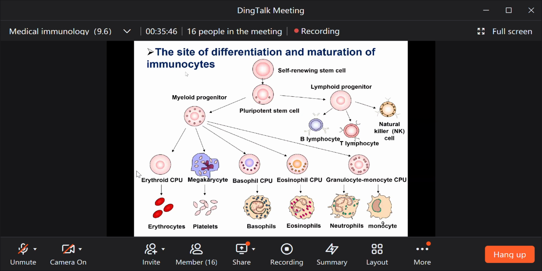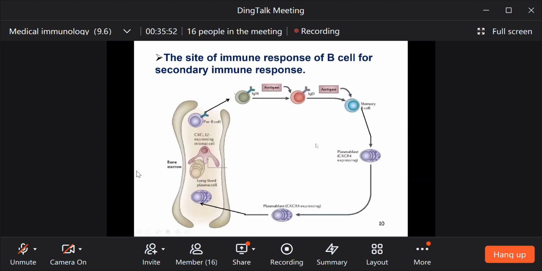Another function of bone marrow is that it is the site of the B cell immune response for the secondary immune response. Here we can see that it addresses the secondary immune response because the B cell differentiates into the plasma cell.